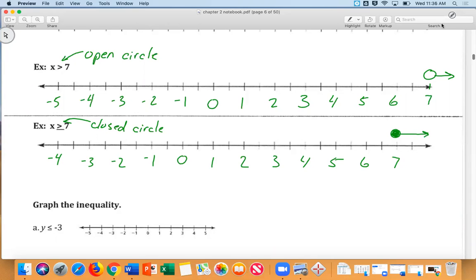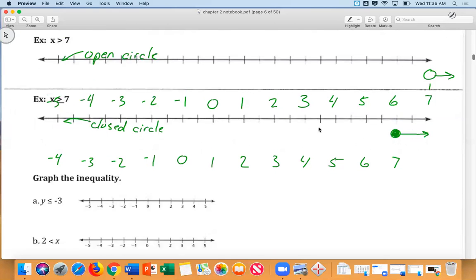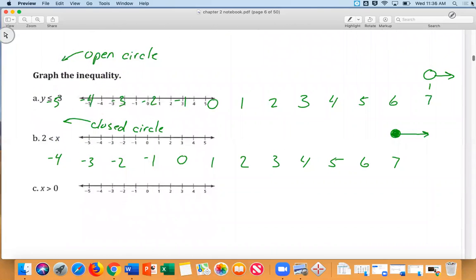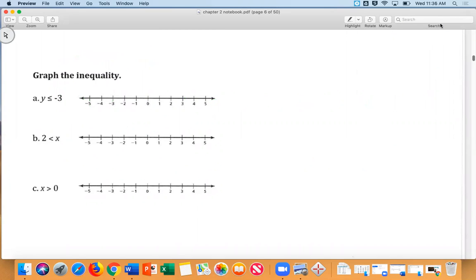How do we feel about this? Pretty good? Pretty simple. Mike, how do you feel? All right. Let's try these on your own. These 3 problems. Go ahead.